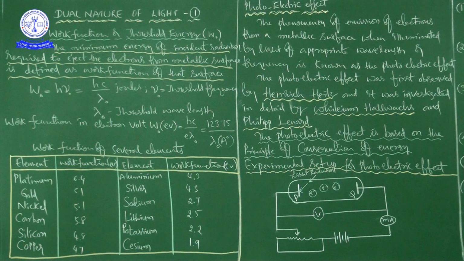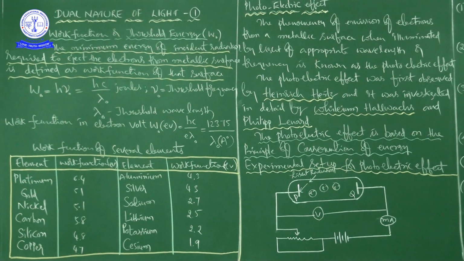But why I am saying all these things is because of our natural phenomena. If you take a metal surface and allow light, an invisible form of energy, onto it, the electrons will come out of the metal.